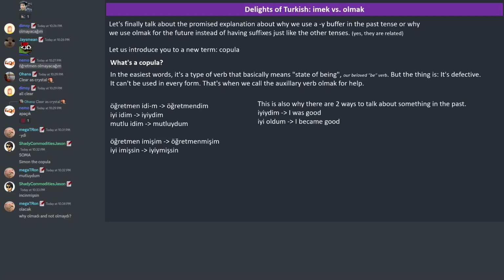Do you guys get the difference between these two? İyiydim, iyi oldum, I was good, I became good. In the second way, there's more emphasis on the change of my state. I was not good, but I became good. But in the first one, there's no change. It's mostly I was good. I always use this example to point out the difference clearly.